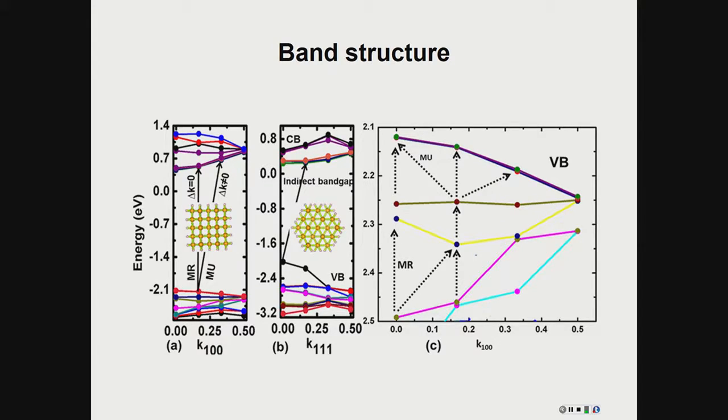So holes can travel from one K point to a different K point, or from one K point to the same K point. If holes travel from one K point to the same one, we call it a momentum restricted transition. And if a hole travels from one K point to a different one, then it is momentum unrestricted. I have drawn a couple of them, not all of them. There are many paths here.